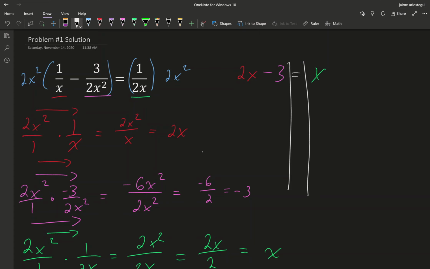We need to add 3 to both sides. So now we're left with 2x is equal to x plus 3. And we're going to get our x's to one side, so I'm going to subtract the x from both sides as well. And now I'm left with x is equal to 3. And that's our solution.